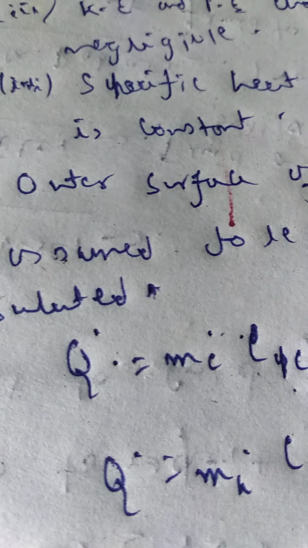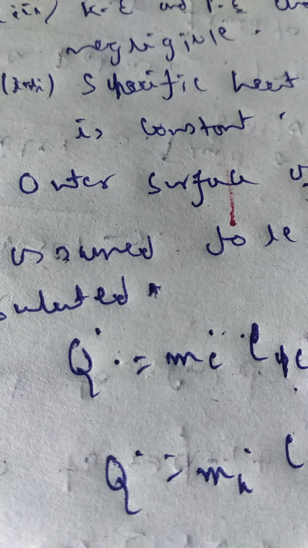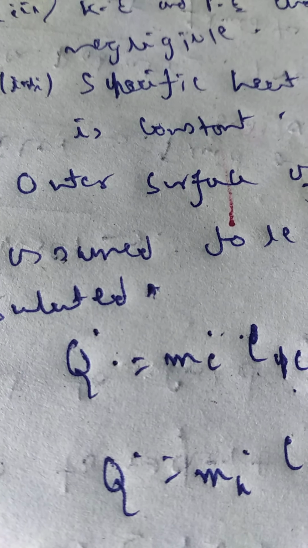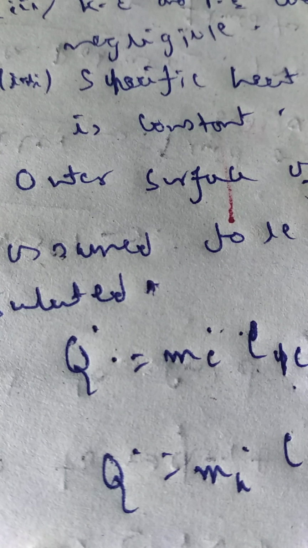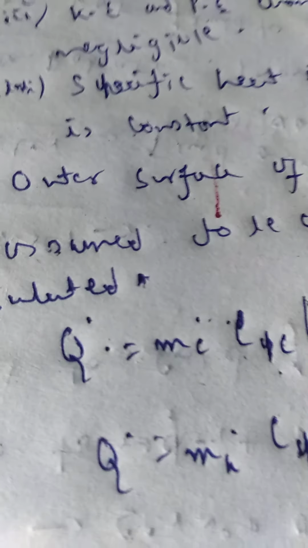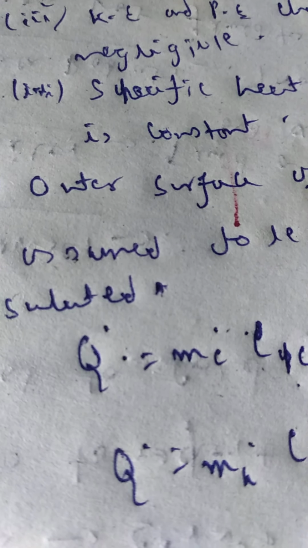So in heat exchanger analysis, it is very convenient to combine the product of the mass flow rate and the specific heat of a fluid into a single quantity, and this quantity is known as the heat capacity rate.